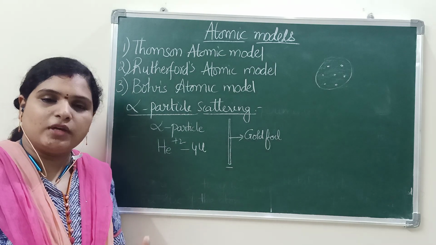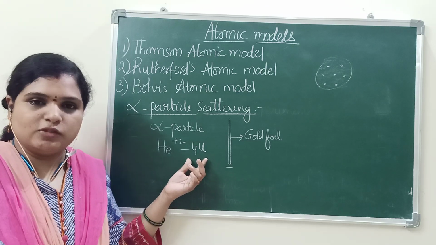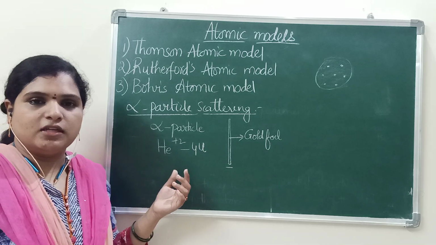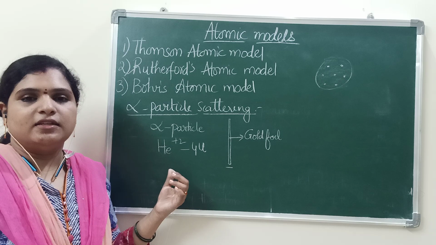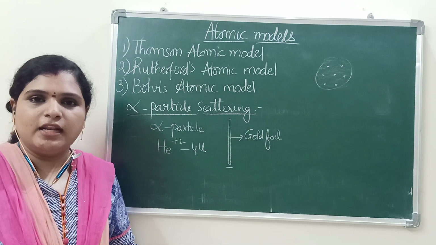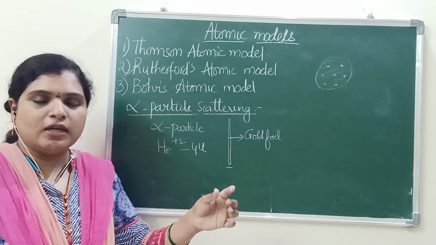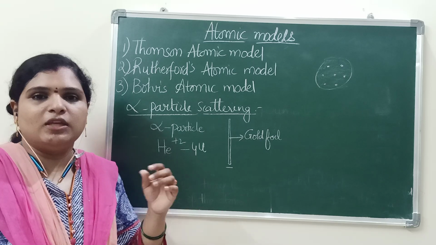What he expected was, as the mass of these alpha particles is more and they move with high velocity, obviously they will have high energy. So whenever they hit the surface of the gold foil, as they are similarly charged, since the proton is also positively charged, some repulsion may be there.